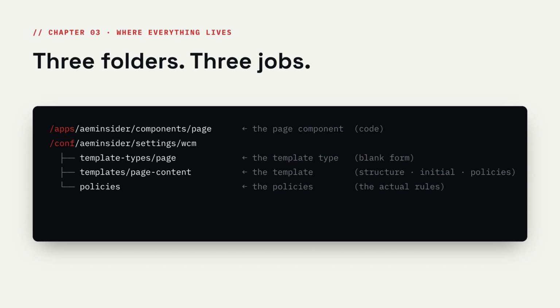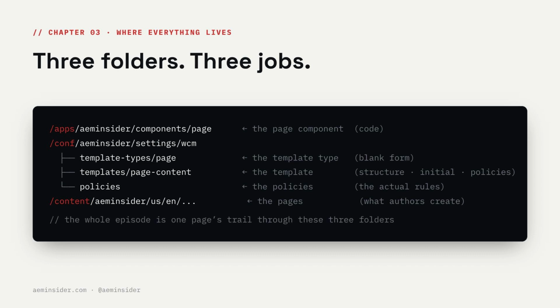We walked past this folder in episode 4. Today we move in. /content, the pages authors create and everything they type into dialogs. Keep this map in your head. The whole episode is us following one page's trail through these 3 folders, and that's exactly how we start.